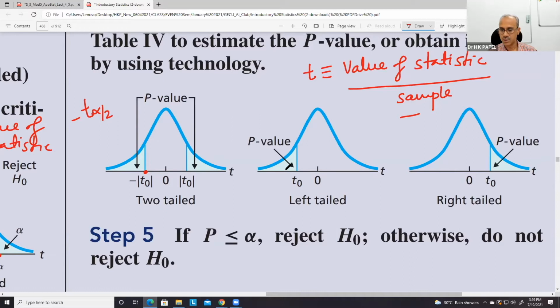This is the area in the left of T0 or T, and this is the area in the right of T. Okay, but then these values we have to calculate using computer software or whatever software is available. From there we have to calculate this area, because there is no table which gives the value of this area, unlike normal distribution.